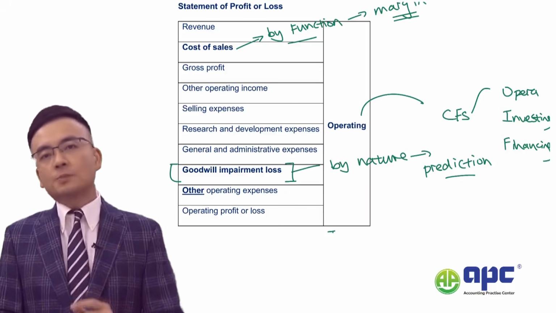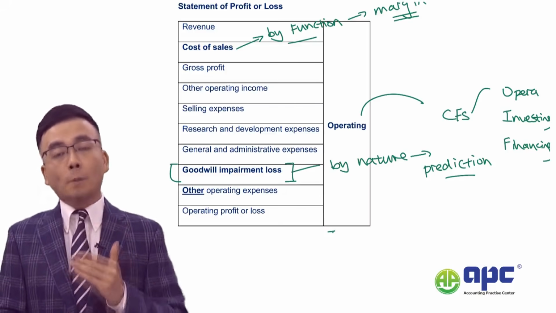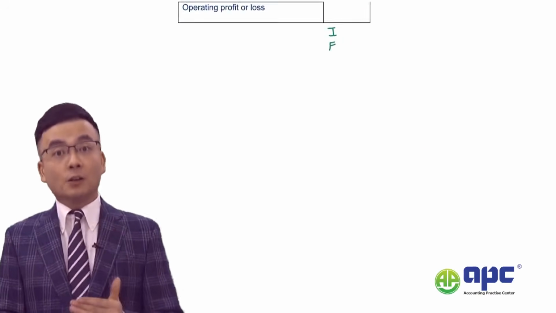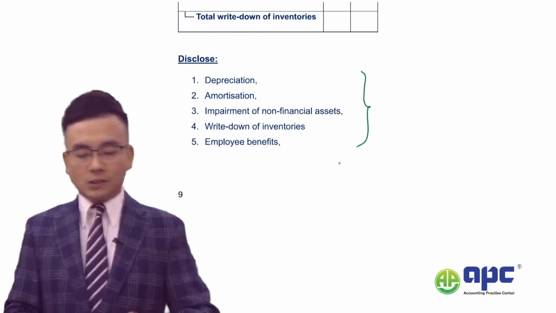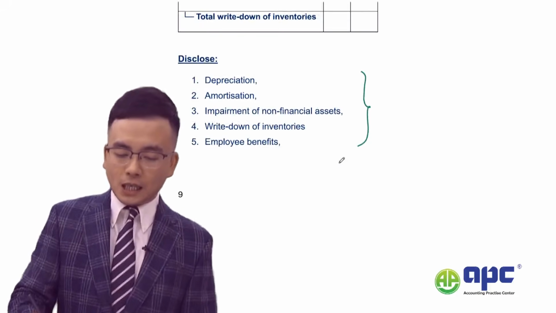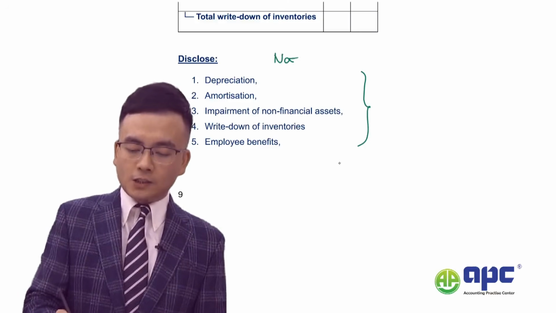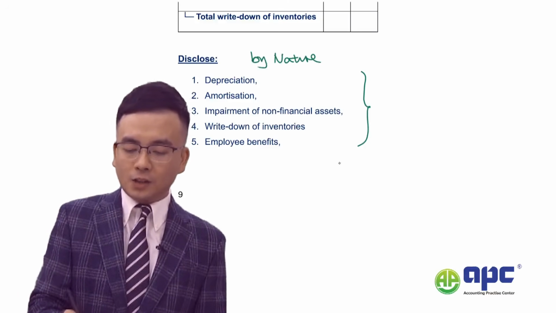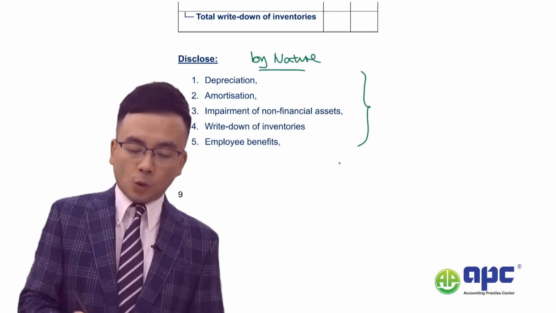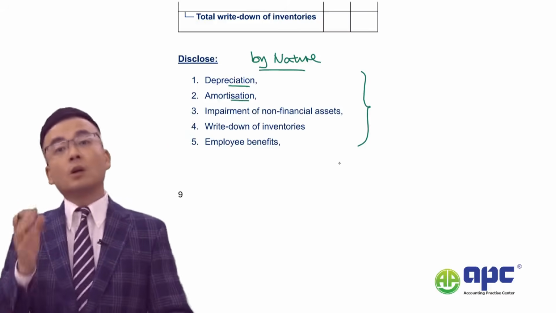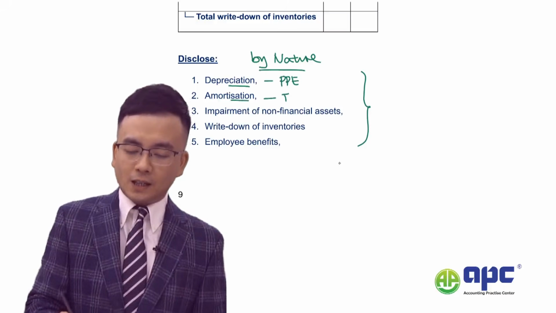However, the IASB did say that if you were to prepare your P&L using the by function way, you will need to disclose at least these 5 elements in the note, which means disclosing the items by nature for these 5 items, including your depreciation and amortization related to your PP&E and related to your intangible assets.